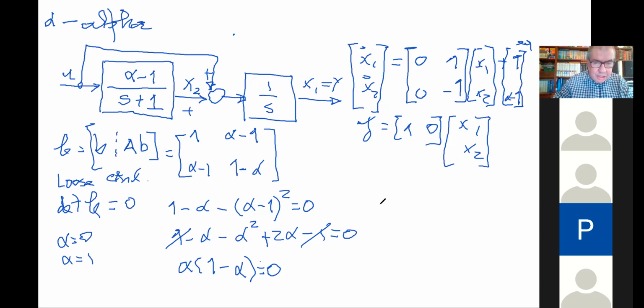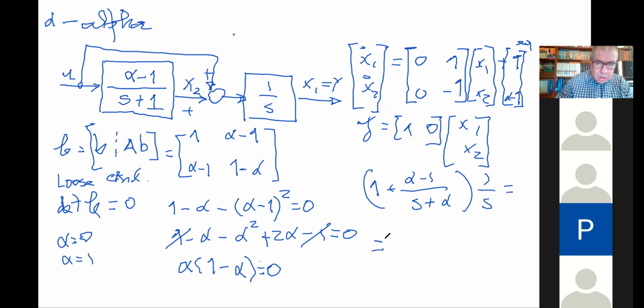So what is the transfer function? You have 1 plus alpha minus 1 divided by s plus alpha, multiplying 1 divided by s. And this is what?